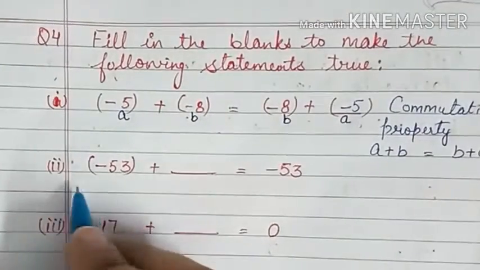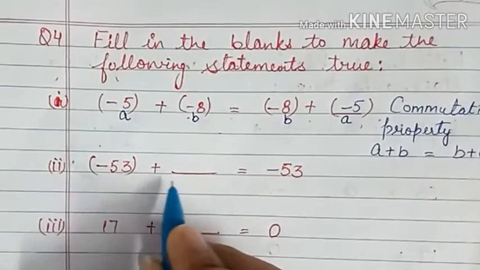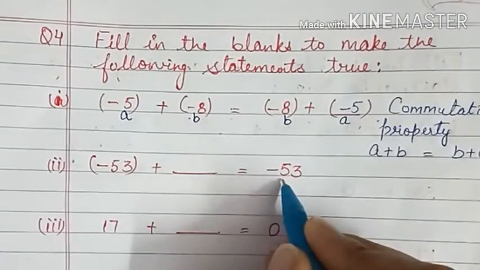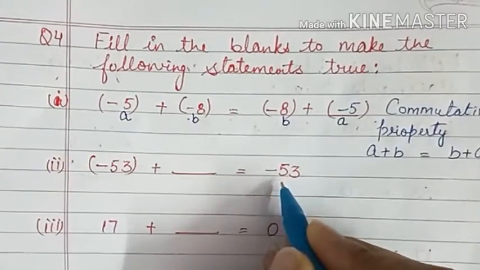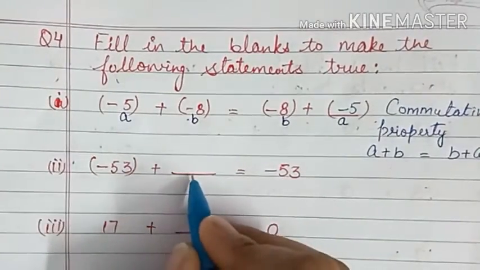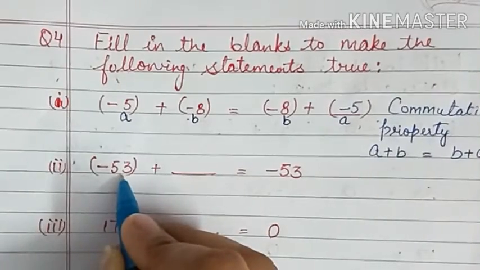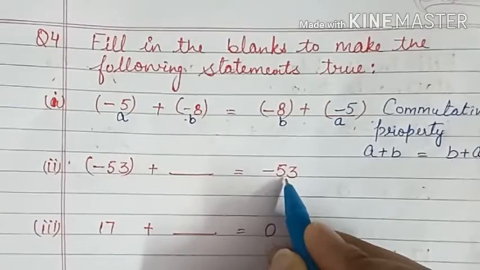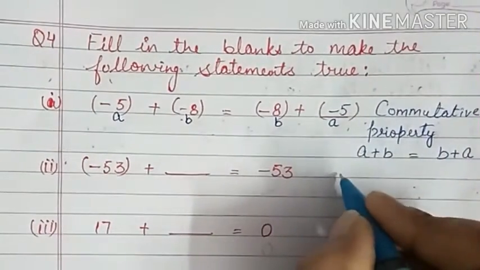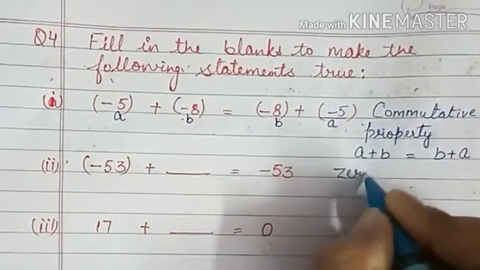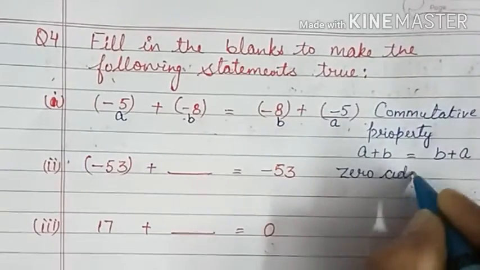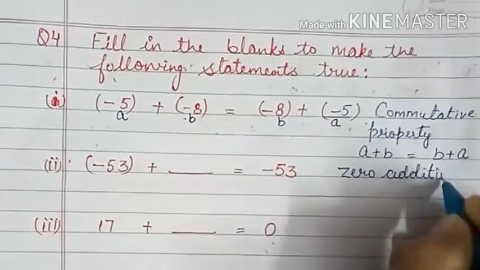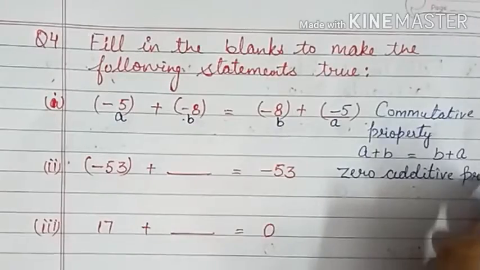The second part is minus 53 plus dash equal to minus 53. That means which integer can be added to minus 53, so that the answer remains the same, minus 53. For that we will observe the zero additive property, or additive identity property.